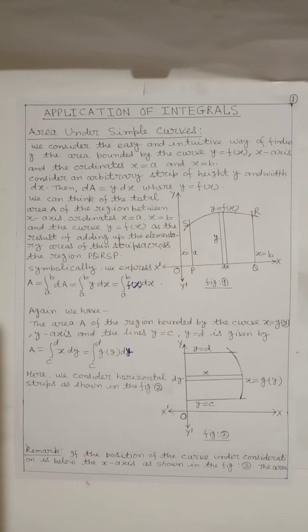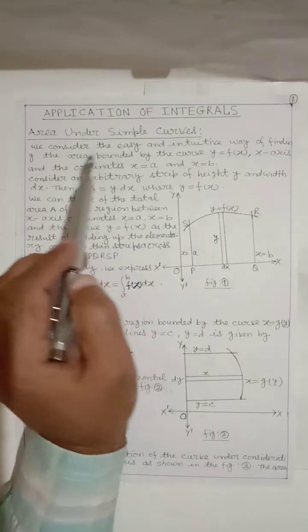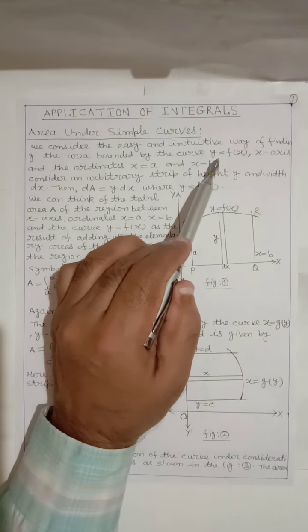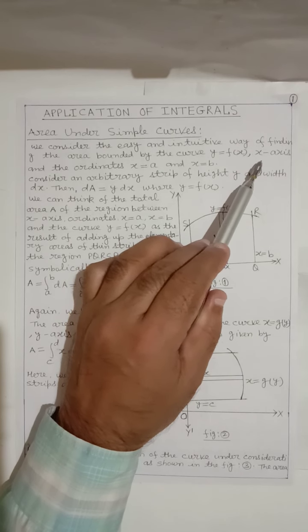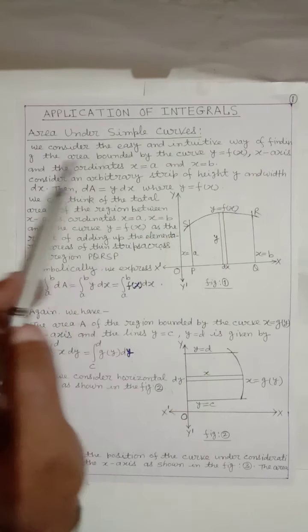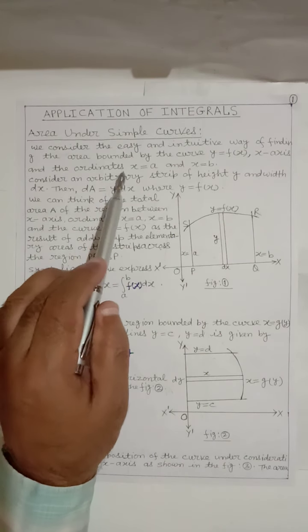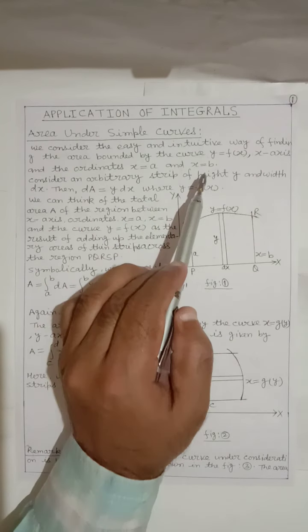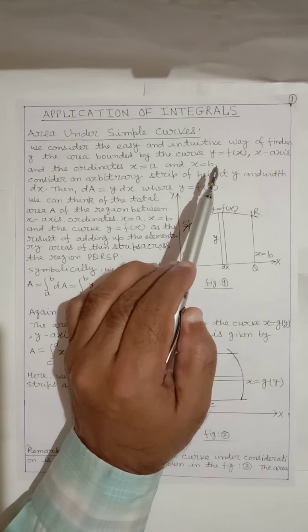Now we consider the easy and intuitive way of finding the area bounded by the curve y equal to f(x), x-axis and the ordinates x equal to a and x equal to b.